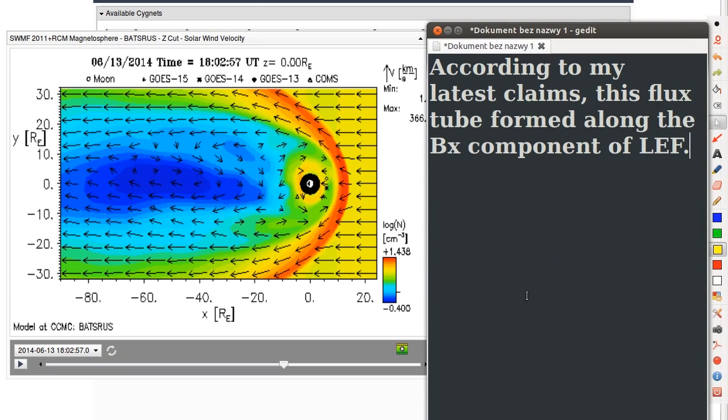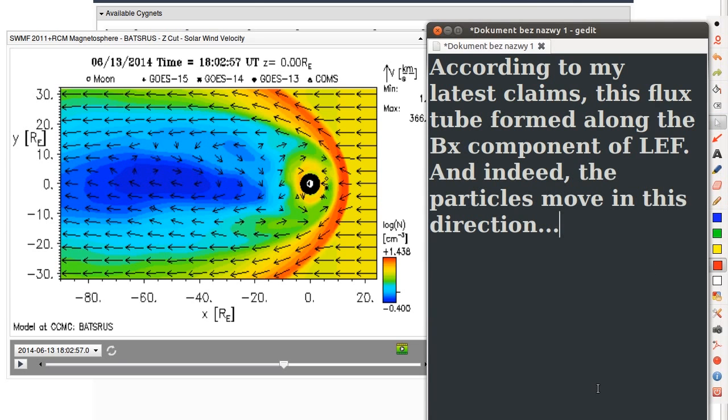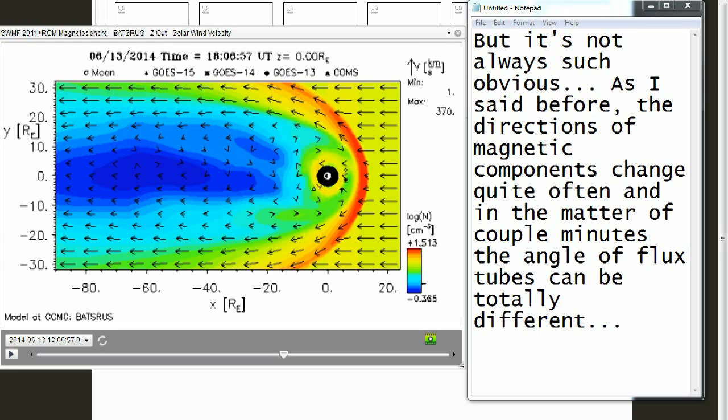According to my latest claims, this flux tube formed along the Bx component of low energy field. And indeed, the particles move in this direction. But it's not always such obvious. As I said before, the directions of magnetic components change quite often, and in the matter of couple minutes, the angle of flux tubes can be totally different.